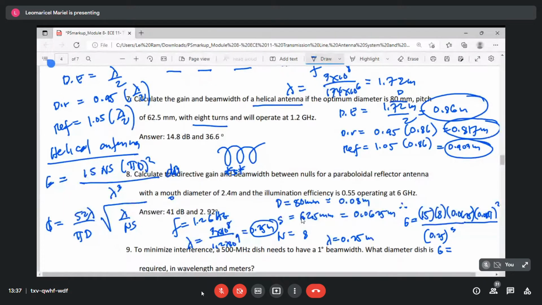Ano nakuha nyo? Iba? Ano? 30.31? Yes po, sir. Ayun. Ibig sabihin, di mali itong sagot. 30.31 dB. Okay? 30.31 dB.